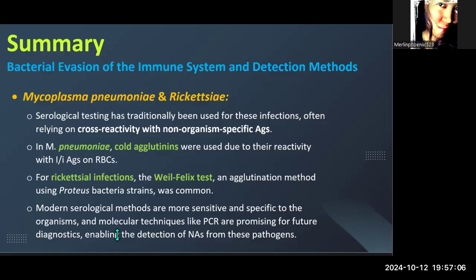And for Mycoplasma pneumoniae and Rickettsial, historically, guys, the serological testing has been the standard for these infections, often based on cross-reactivity with non-specific antigens. So in the case of M. pneumoniae, cold agglutinins reacted with the I antigens on RBCs, and for rickettsial infections, the Weil-Felix test, which involves agglutination using Proteus bacteria strains, was commonly utilized.